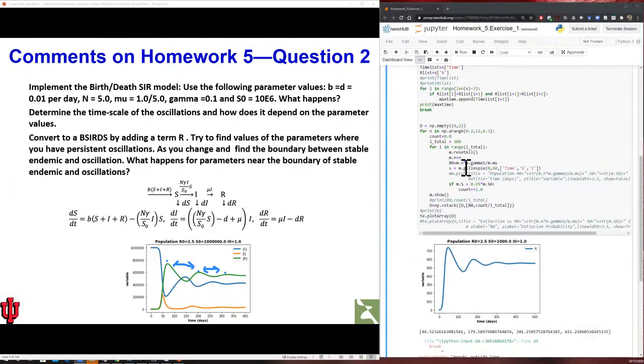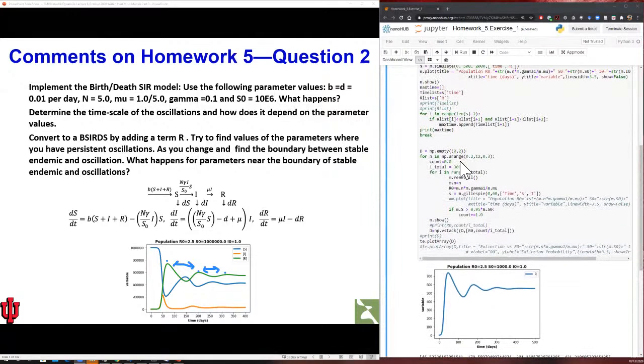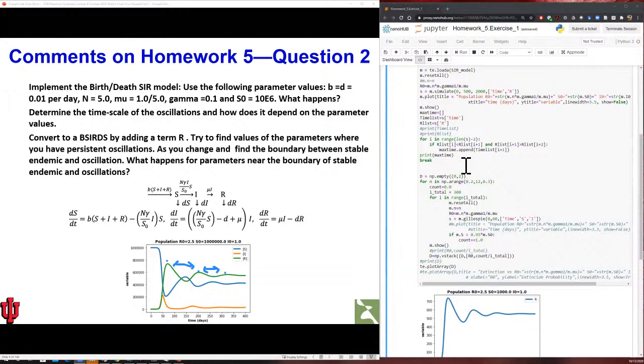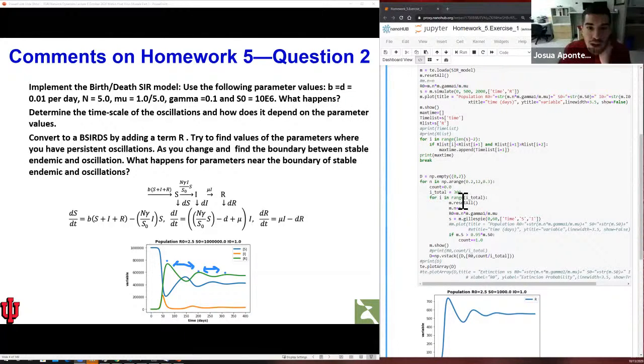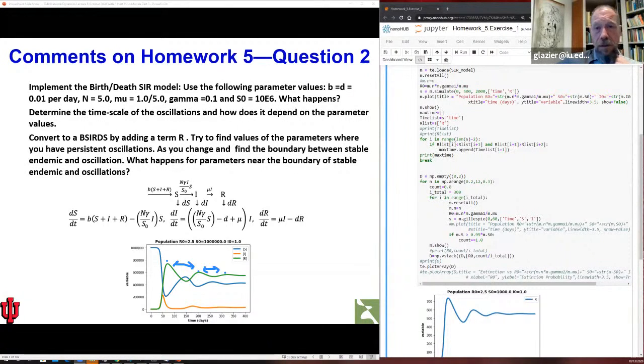Mine's throwing an error that says when I'm trying to define time list and R list, it will only take integer or Boolean arrays or valid indices. Like it won't take the comma time or the apostrophe time. You gotta make sure that you specify it in the simulate. I do. Okay. You want to show us? We can definitely take a look. That would be kind of hard because I'm actually doing it on a different machine than what I'm zooming on.